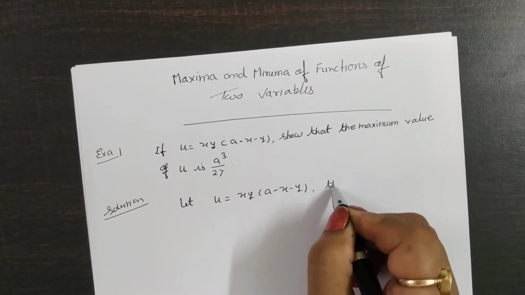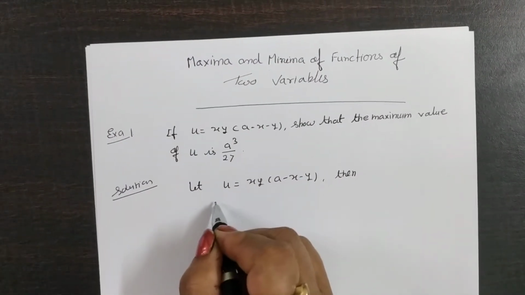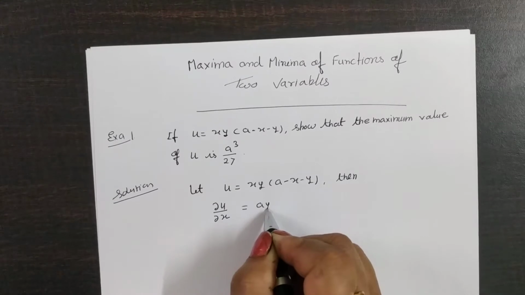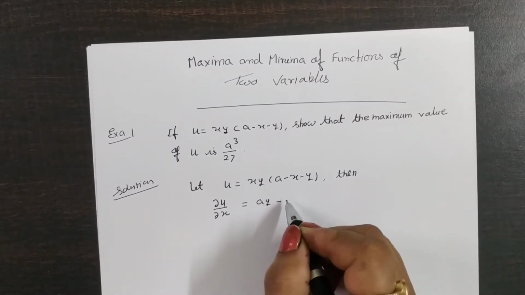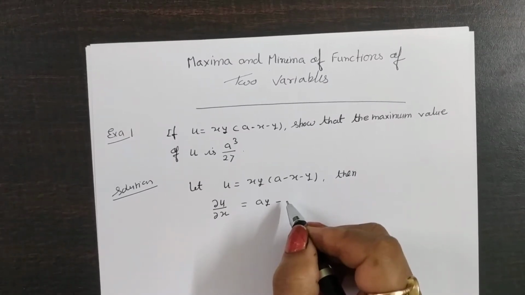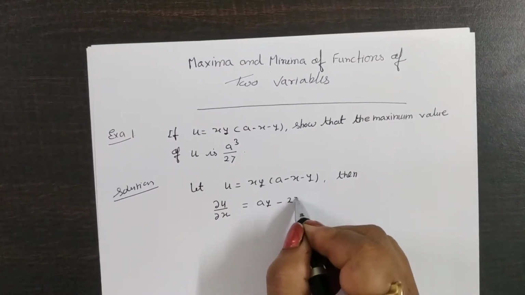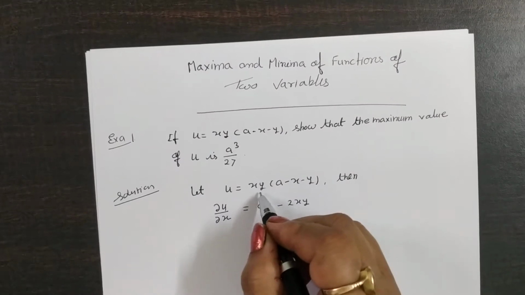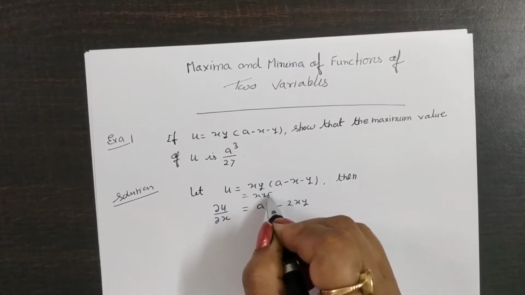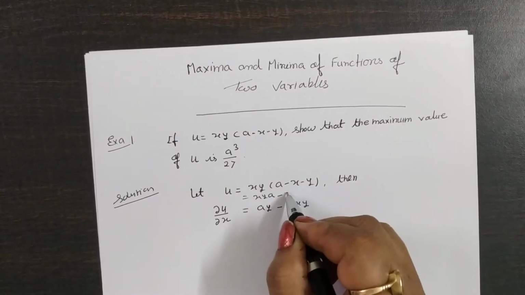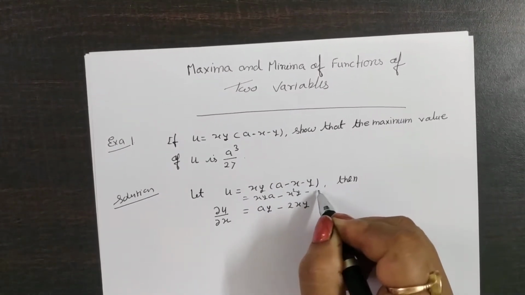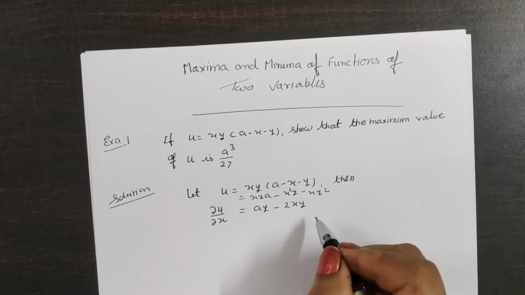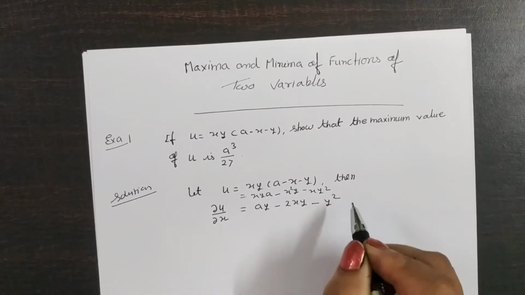Then del u by del x is equal to ay minus 2xy minus y square, because if you split this, it can be written as axy minus x square y minus xy square. Differentiating with respect to x, we get this.